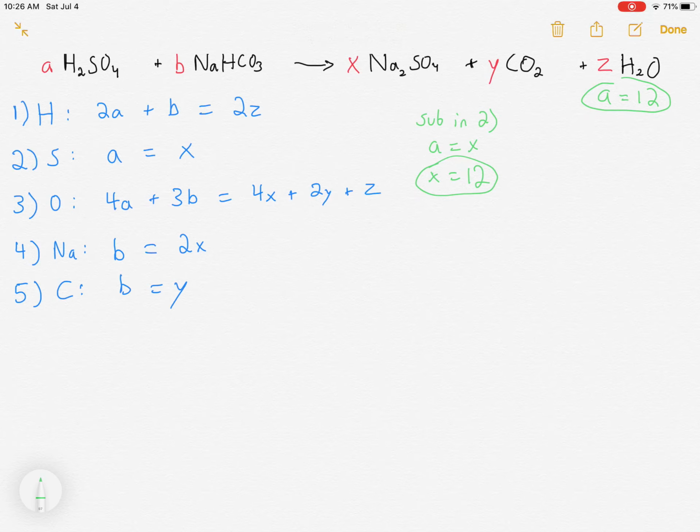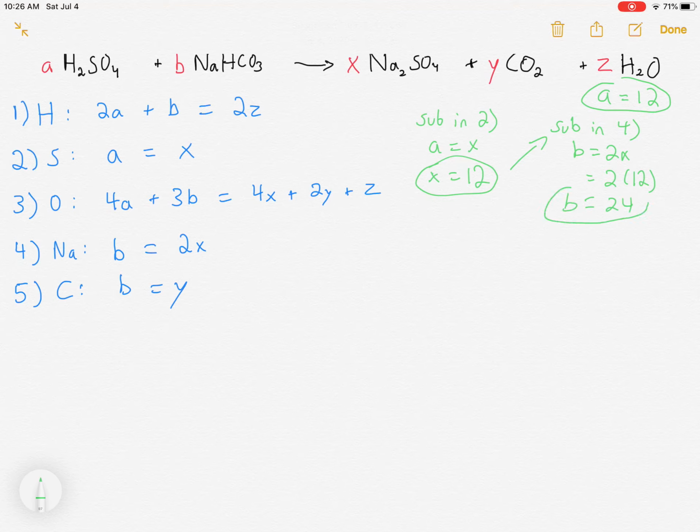Now we have A and X, and I'm looking for what's the next equation I can solve with my variables. And I'm looking to equation 4. So we're going to sub X equals 12 into equation 4. We have B equals 2X, which is the same as saying B equals 2 times 12 because X equals 12.